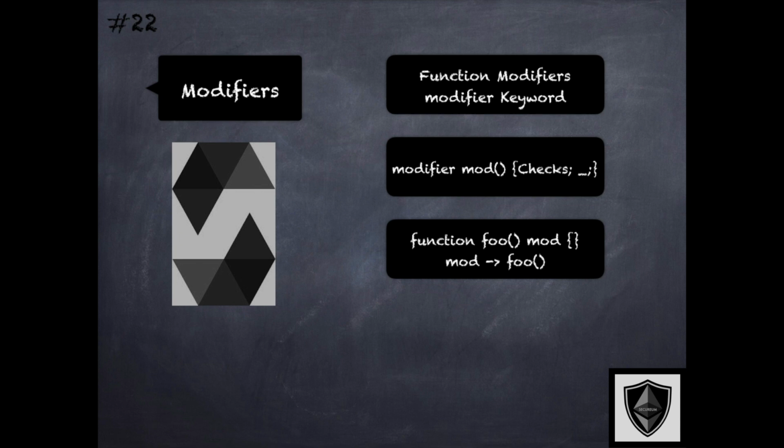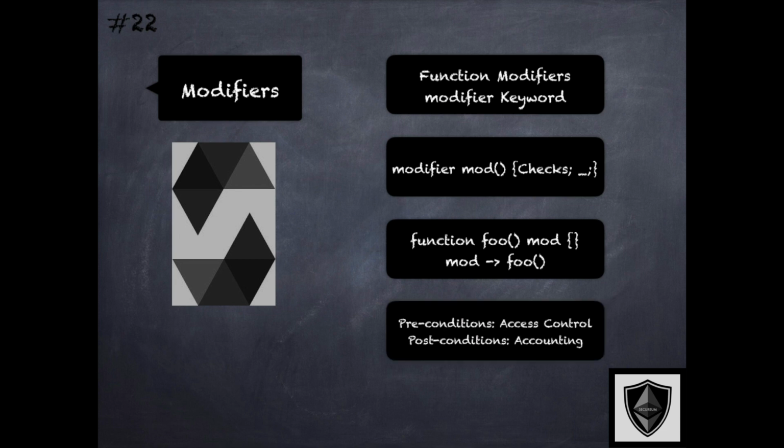And depending on any of the checks, any of the logic implemented within that modifier, the function's logic gets called at the point where the underscore is used within that modifier. So if there are a bunch of checks in the modifier after which the underscore follows, then those checks really implement some preconditions that are evaluated before the function's logic is executed.